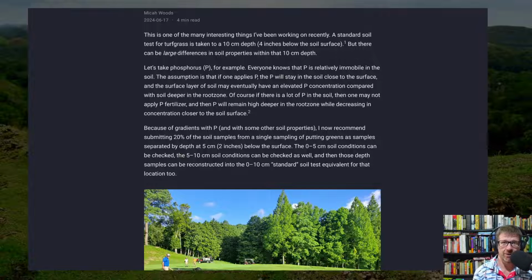You will see large differences in soil properties because the grass is growing right at the surface, and some of the nutrients that we supply are relatively mobile, so they can move down through the soil. Other nutrients are relatively immobile, so they will tend to be bound to the soil particles close to the surface wherever they come in contact with the soil particles.